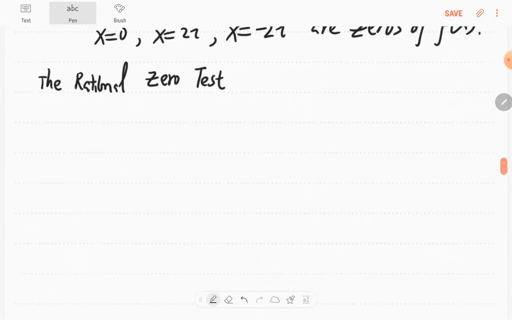It says if f of x equals a_n x to the n plus a_(n-1) x to the n minus 1, and so on, plus a1 x plus a0. This is the general form for a polynomial.